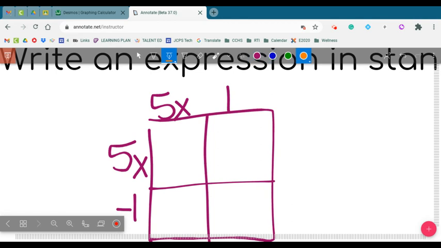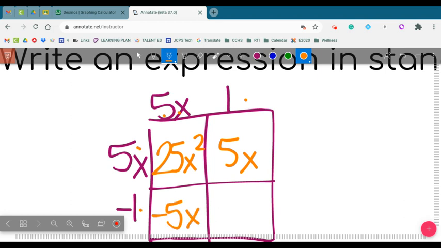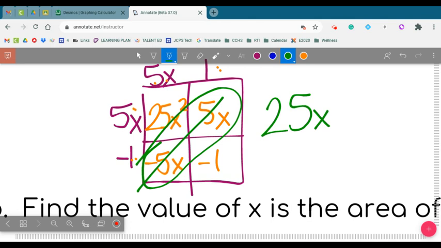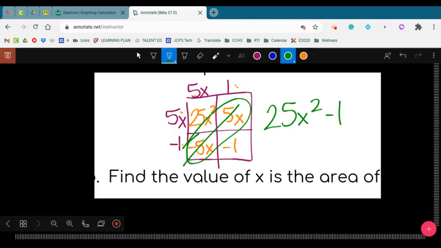And I multiply. 5x times 5x is going to give me 25x squared. 1 times 5x is going to give me 5x. Negative 1 times 5x is going to give me negative 5x. Negative 1 times 1 is going to give me negative 1. Combine your diagonals. Those just happen to cancel, so I get 25x squared minus 1 is my area.